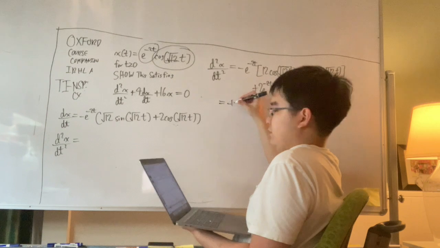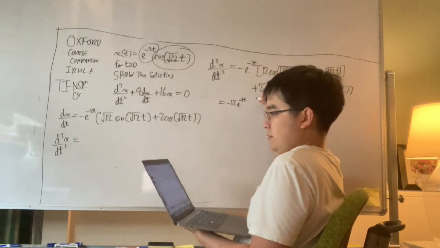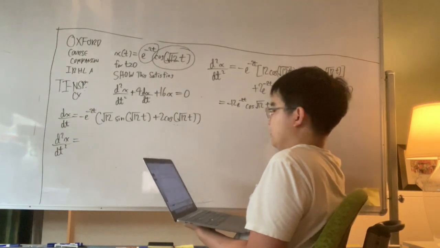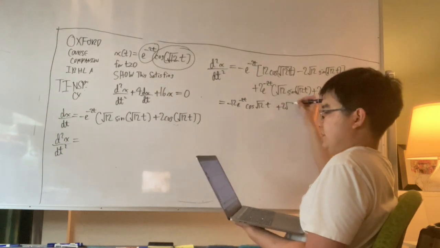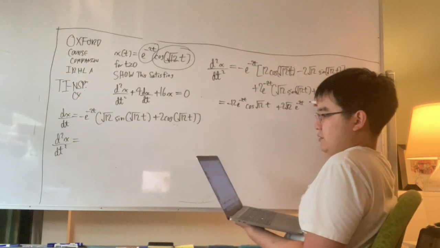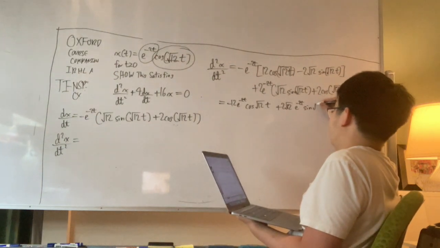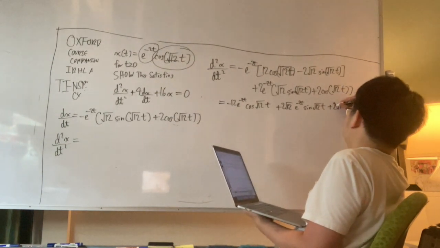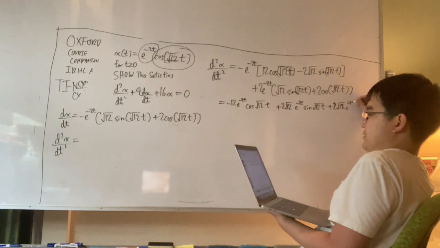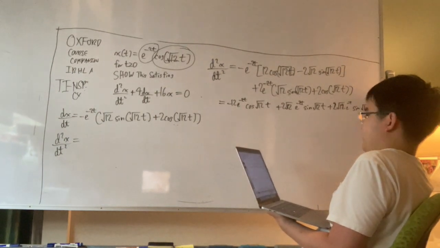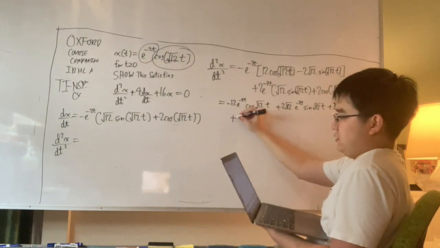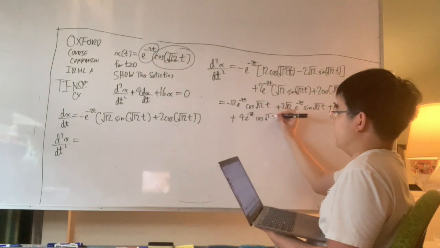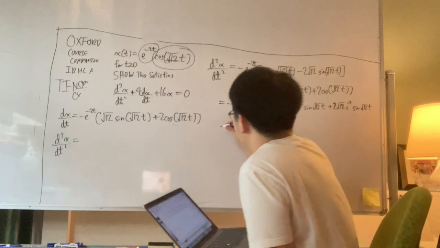Minus 12e^(-2t) cosine of square root of 12t, plus 2 square root of 12 e^(-2t) sine of square root of 12t, plus 2 square root of 12 e^(-2t) sine of square root of 12t plus 4e^(-2t) cosine of square root of 12t. Now I go and factor this out.